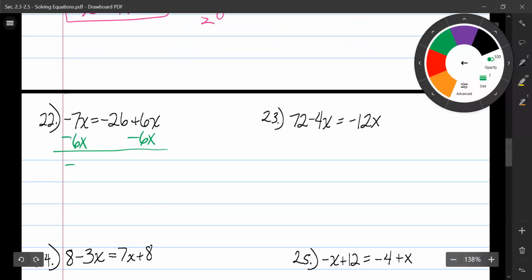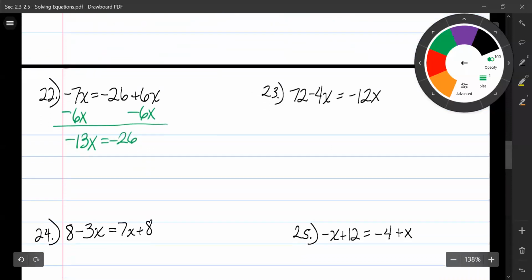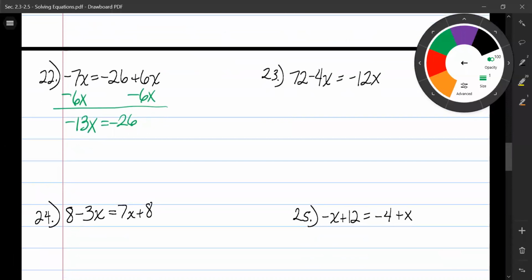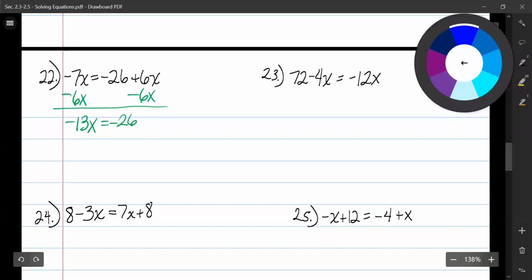And that would give me -13x equals -26. And then I will just divide both sides by -13. And that would give me x is equal to +2.